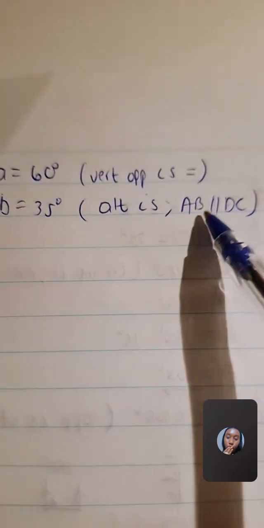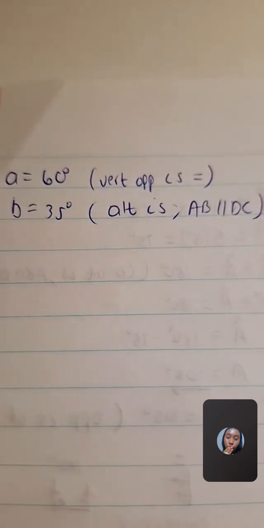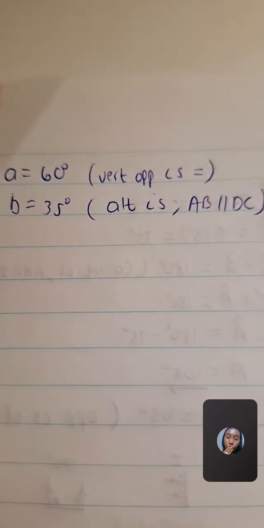Because those Z shape, the angles found in that position are not equal just because they are equal. They are equal because the lines are parallel. All right. Alternate angles are just the position of the angles, if you get me. But the reason we say that those angles in that position are equal is due to the lines that are parallel.